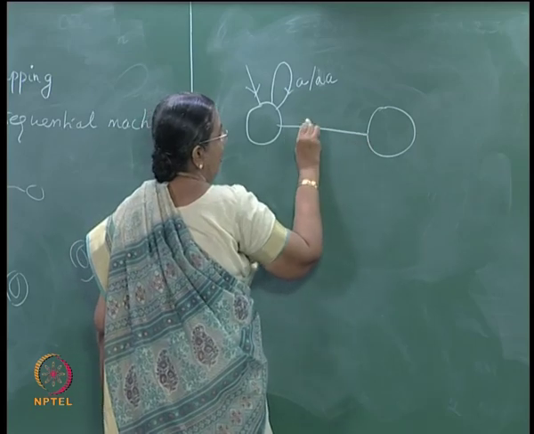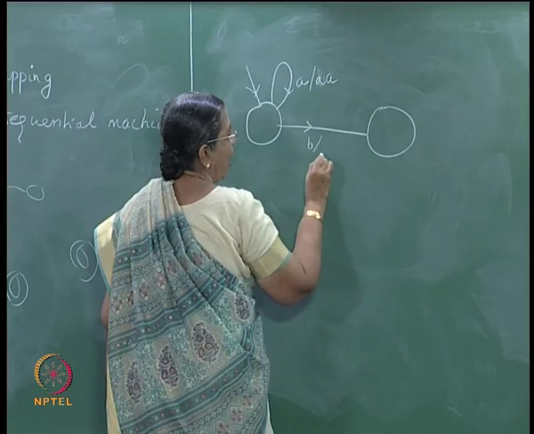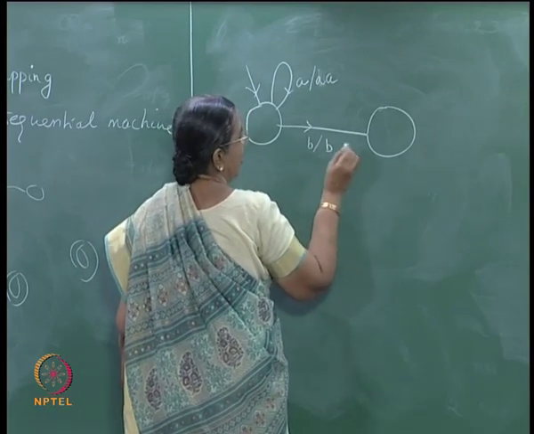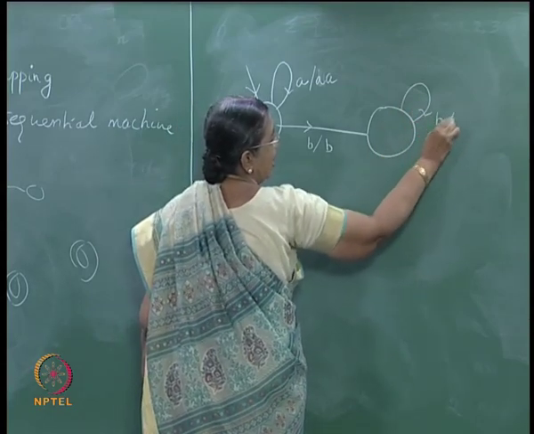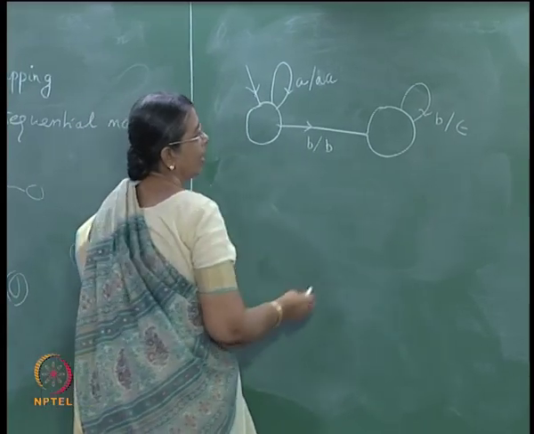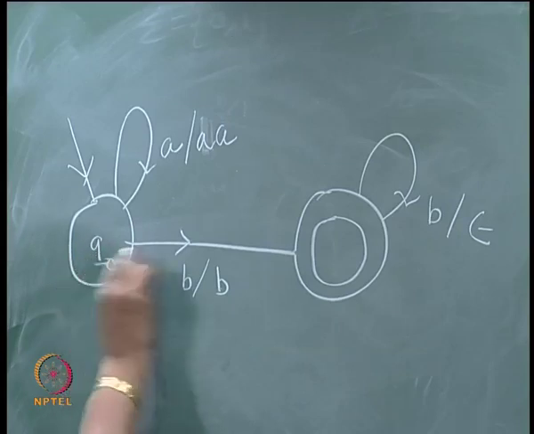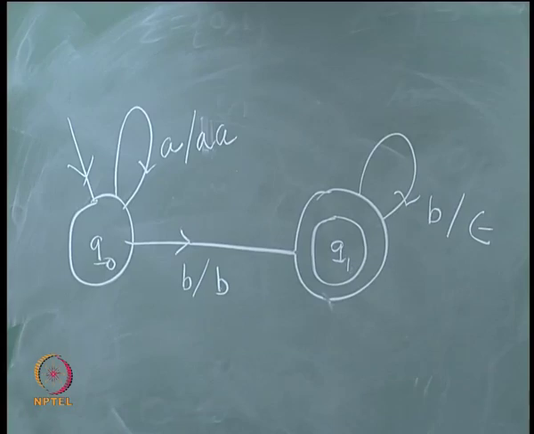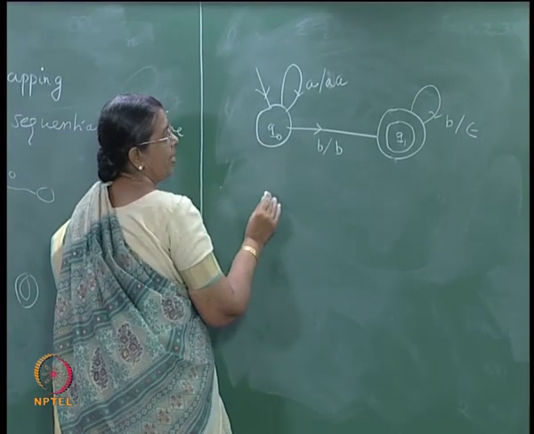Then when I read a b, I output 1 b, and when I read more b's, I output epsilon. And this I take as the final state, say q0, q1. So, I have this diagram, this is a generalized sequential machine.